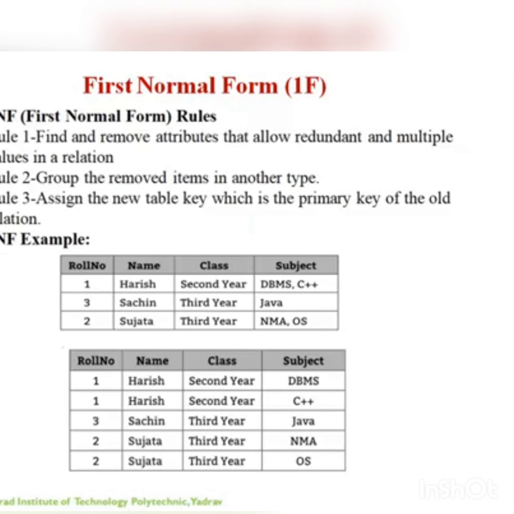Then Sachin, having a single subject opted, we put roll number 3 as it is, and Sujata, having roll number 2, opted for two subjects, that is NMA and OS. Again the normalization concept is applied here. So Harish has opted for DBMS, again in the second row Harish has opted for C++, and Sujata opted for NMA and Sujata opted for operating system.